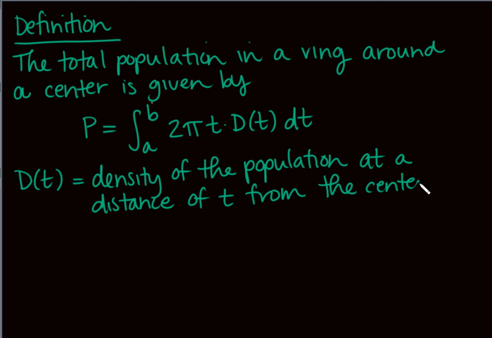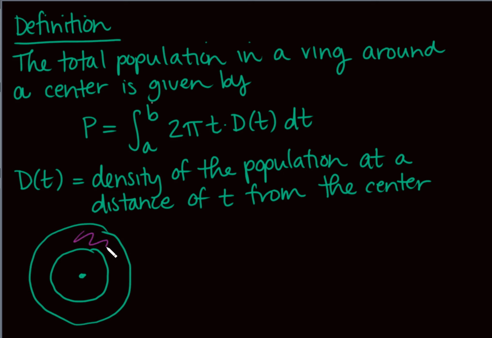So the idea with this, and they do a pretty good job of showing you a picture, is what does this include? Well, if this is my center, and let's say I wanted to know, how many people actually live at a distance between A and B miles, maybe from the center of a city, what this does is it gives us the entire population. One reason this kind of works is, well, if you take 2 pi times t, t really is going to be your distance from the center.